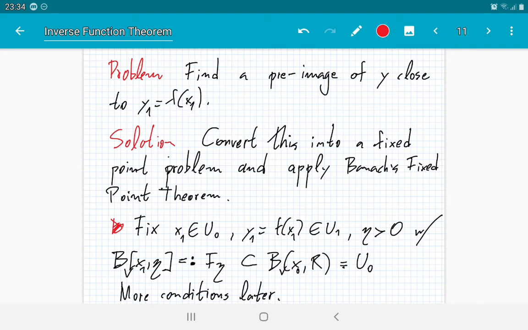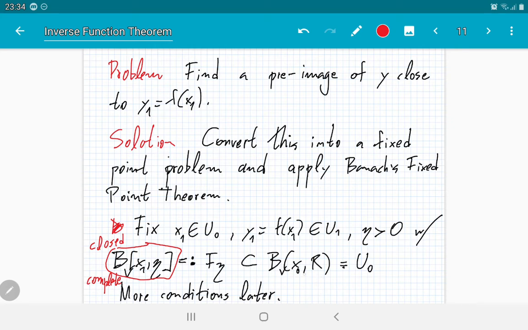How are we going to do this? Well, we need to remember that Banach's fixed point theorem is about functions between complete metric spaces. And here we're going to be looking at closed subsets of a Banach space. So this is closed, and therefore it's complete in the induced topology. So that's good.